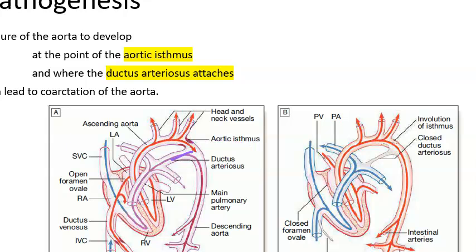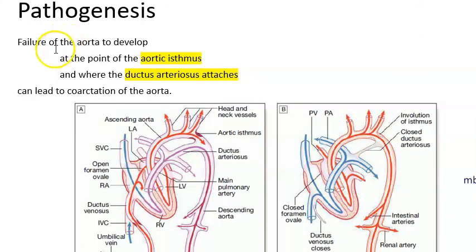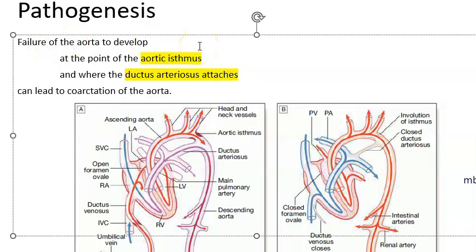So it is the point of aortic isthmus where the ductus arteriosus attaches. At this place, aortic isthmus, you can also say the same thing: origin of the left subclavian artery, that place, failure of the aorta to develop. I think it's all the same thing. So I would say failure of the aorta to develop at the point of aortic isthmus where the ductus arteriosus attaches, or it's the same thing.